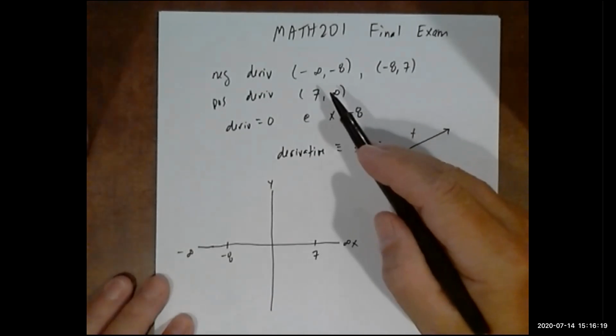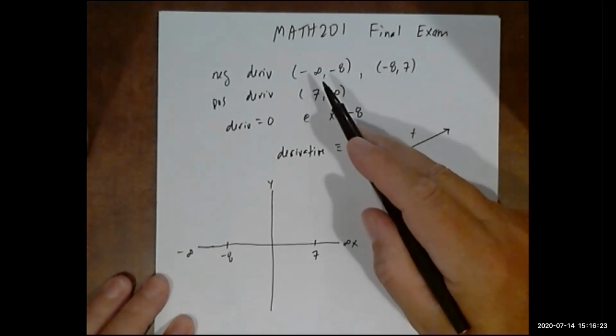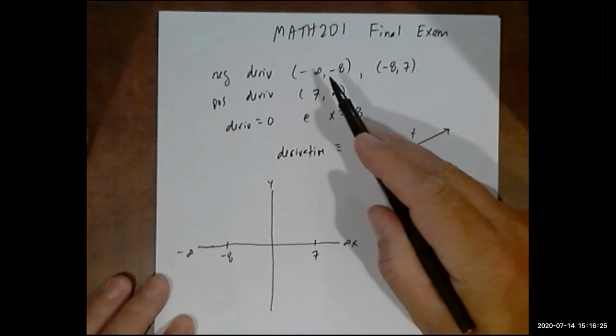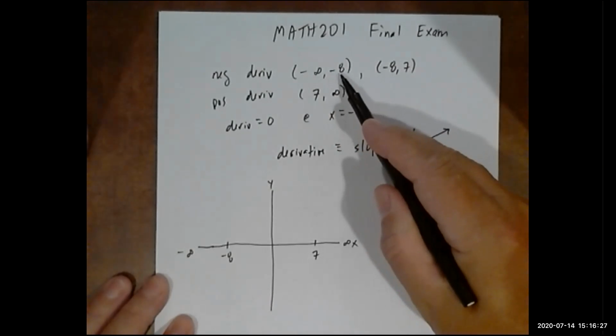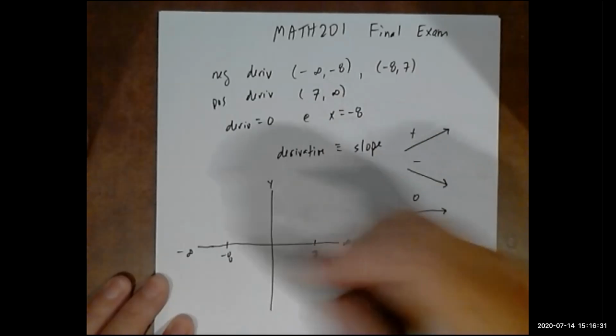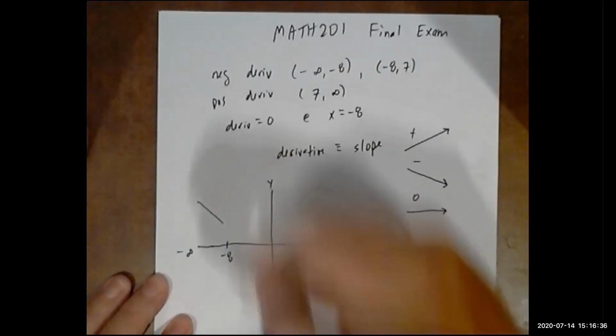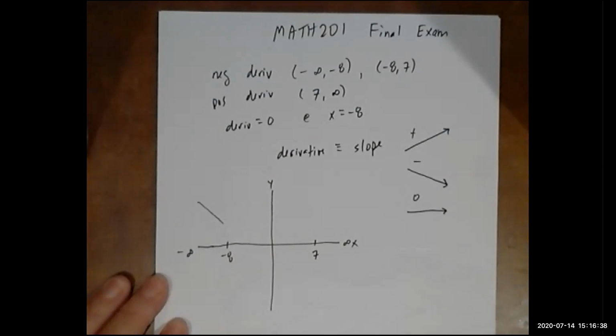So it's saying there are 2 places on this graph where the derivative is negative, where the graph is going to be going down. So from negative infinity to negative 8, we have a negative derivative. So in this region here, you can sort of think that the graph is going down.